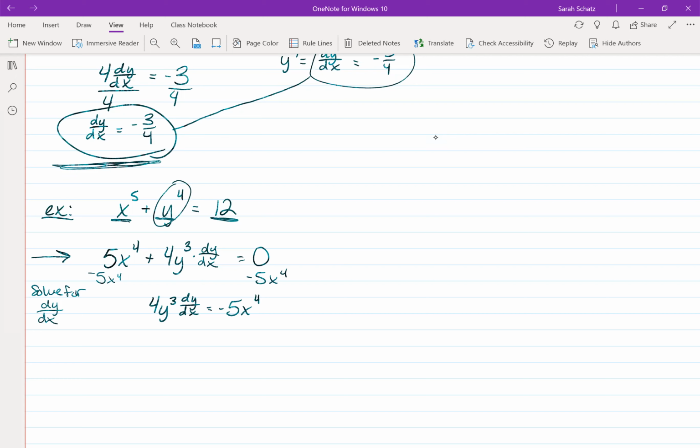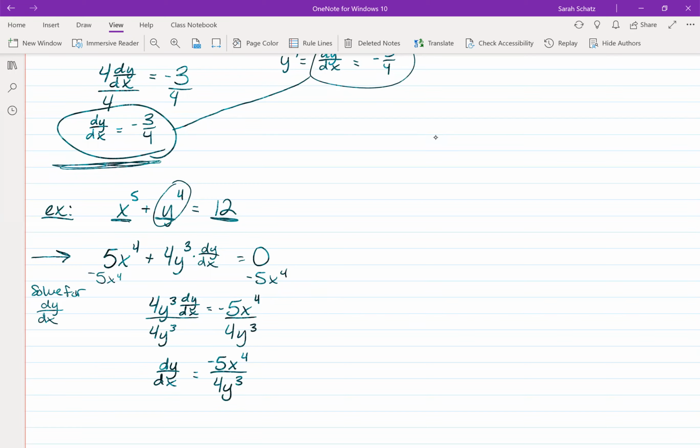Now to continue isolating dy dx, I can divide both sides by 4y cubed. And I end up getting dy dx by itself, and it equals negative 5x to the 4th over 4y cubed.